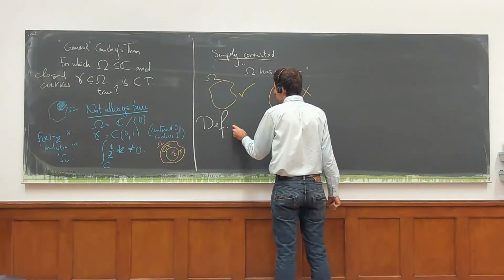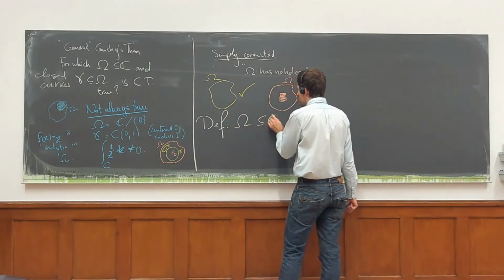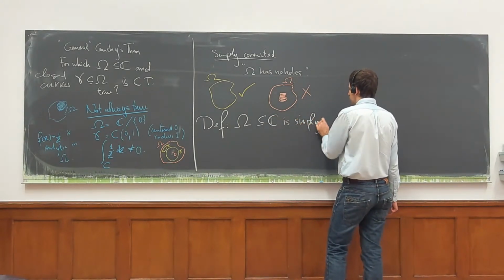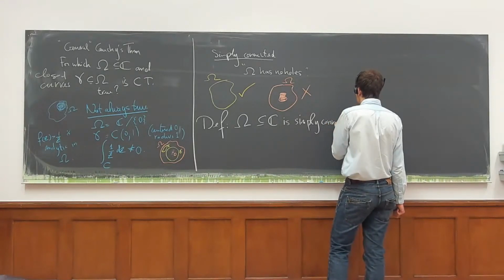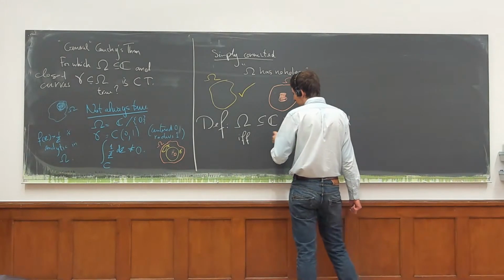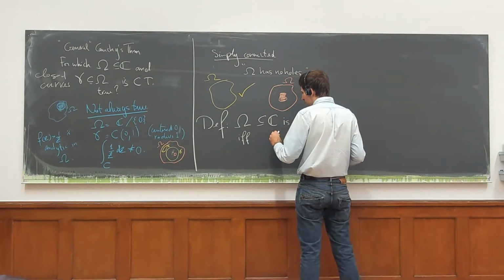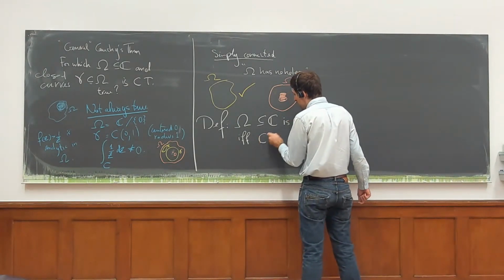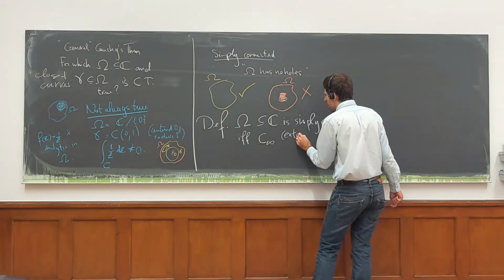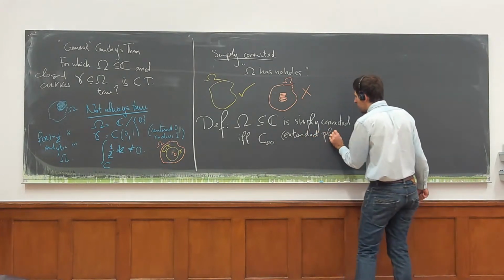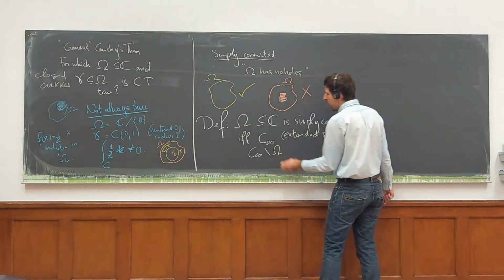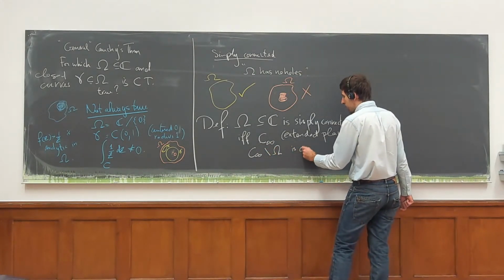So definition: a region omega is simply connected if and only if the extended plane, let's call it C with infinity, so the plane with infinity, without omega is connected.